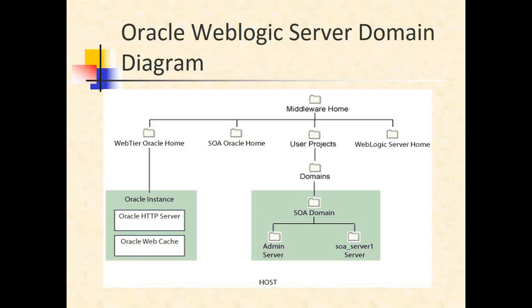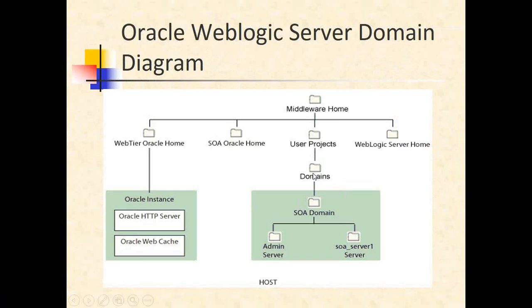Okay, so now once you install your WebLogic server and you have a standalone WebLogic server installation, you will have a folder structure like this. You will have a middleware home, and under that you will find user projects, and under that you will find domain.